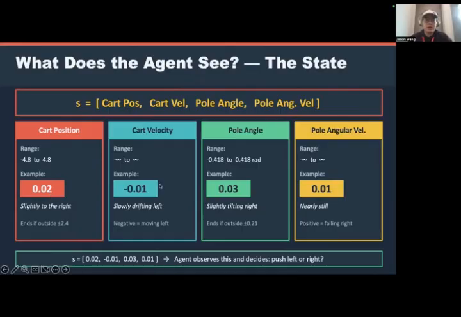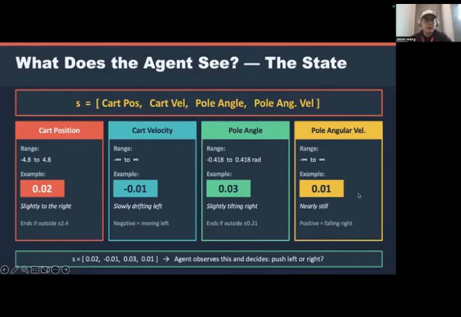The second one is velocity, which tells how fast the cart is moving. An example is negative 0.01, which means the cart is slowly driving left. The third one is angle, which tells how much the pole is tilting. An example is 0.03, which means the pole is slightly tilting right.